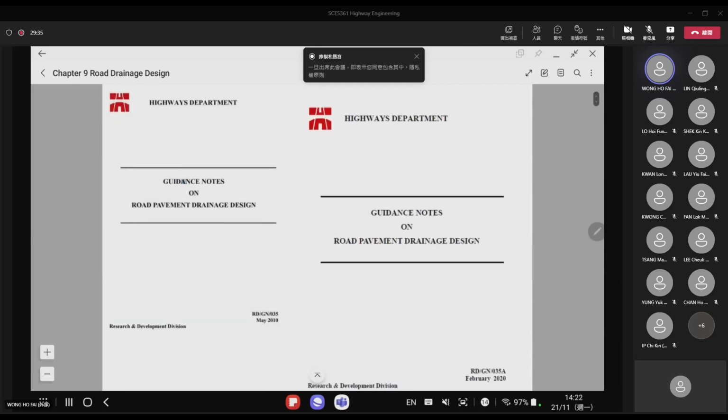So the lecture notes are largely based on the guidance notes on pavement drainage design, which was released in 2020. It was developed by the Research and Development Division of the Highway Department, and we largely follow what they have said in the guidance notes.